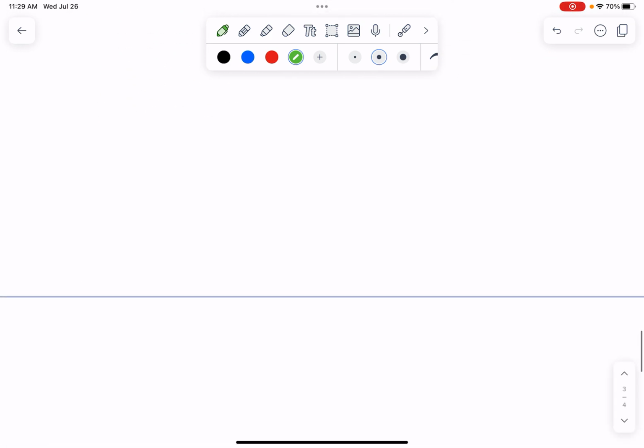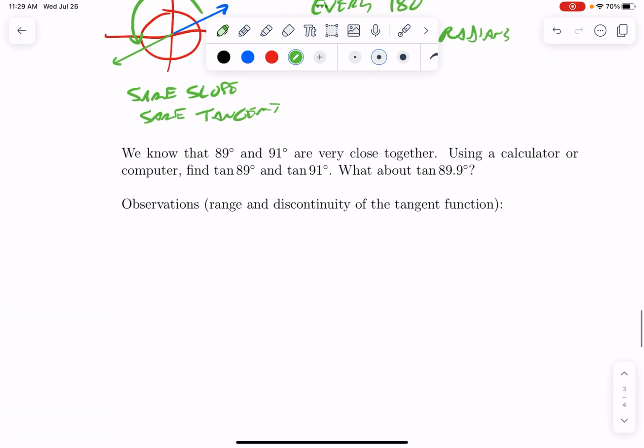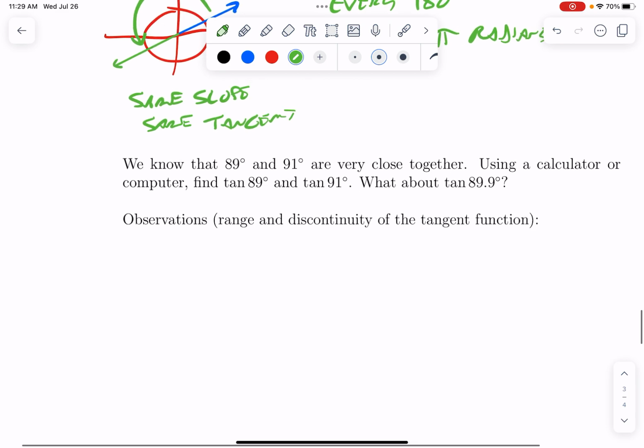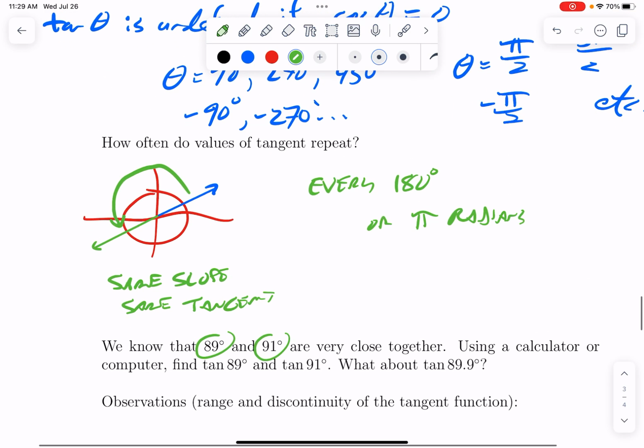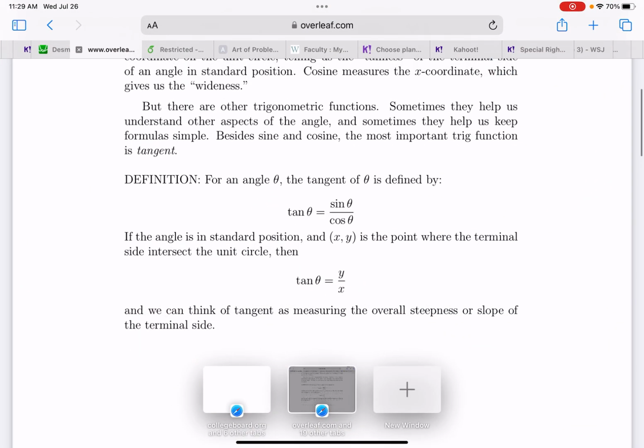And let's just comment on something else related to tangent, right? 89 degrees and 91 degrees. Those are very close together. But what if we try to compute with those? So let me switch to a browser.